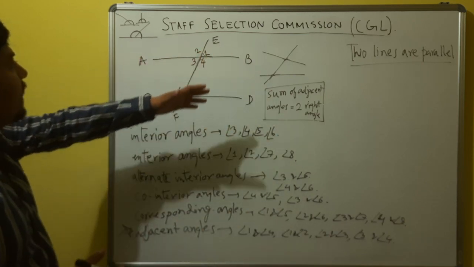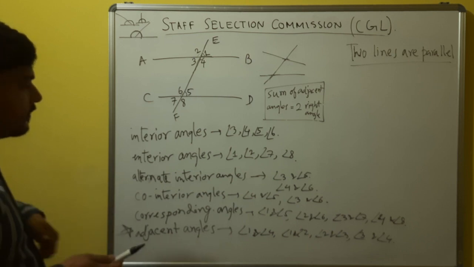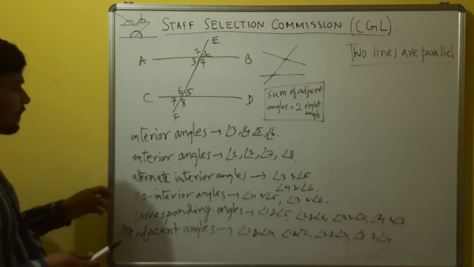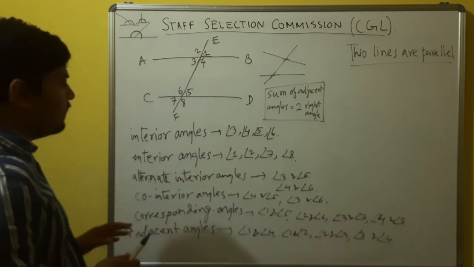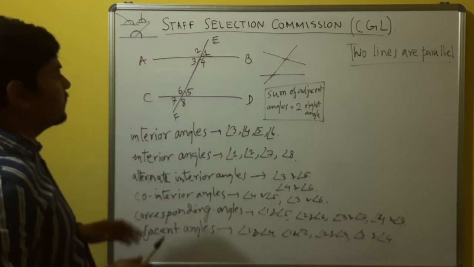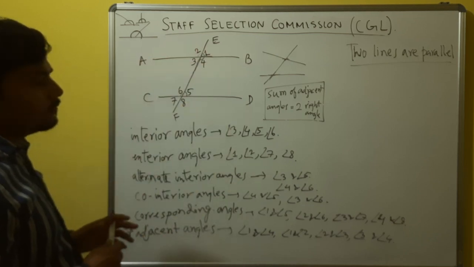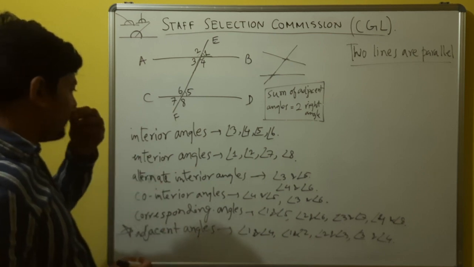If two parallel lines are intersected by a third line, then what will happen? The alternate interior angles, 3 and 5, 4 and 6, are going to be equal to each other. Alternate interior angles are equal to each other.